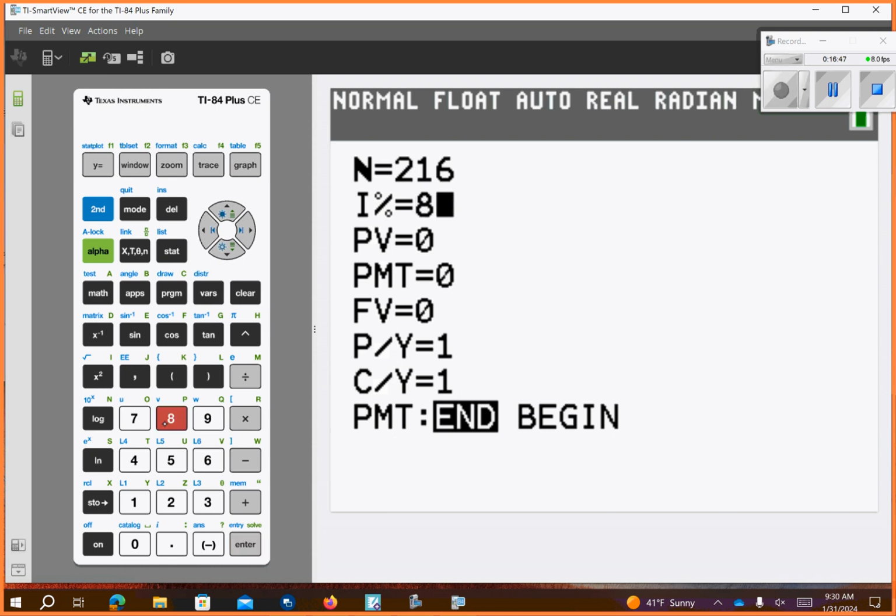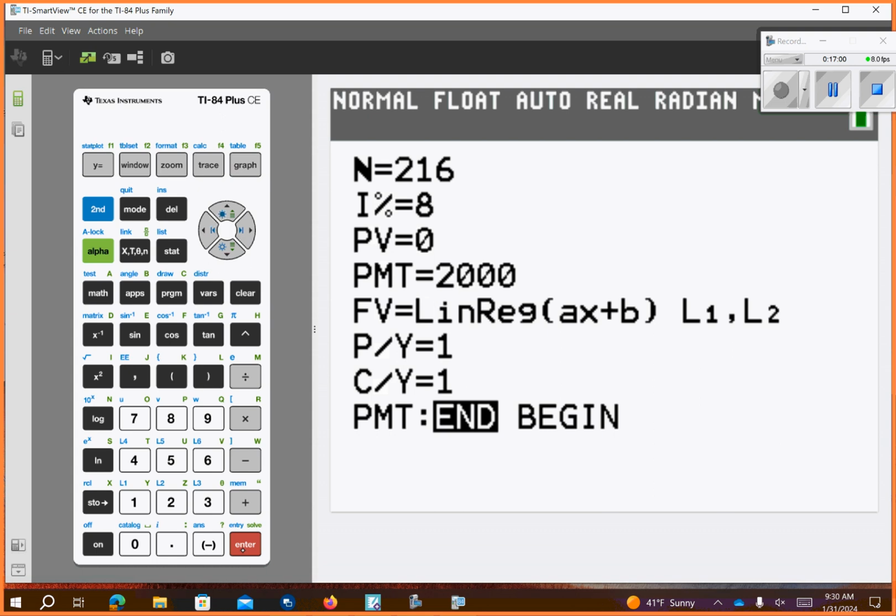Let's go very conservative on 8% interest. We had a previous value of 0. We have a payment each month of $2,000, acting like we have a mortgage. Oops, future value. I made a mistake.